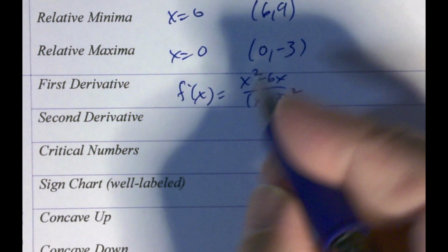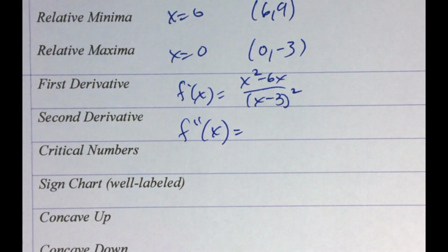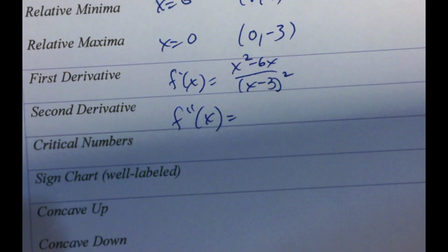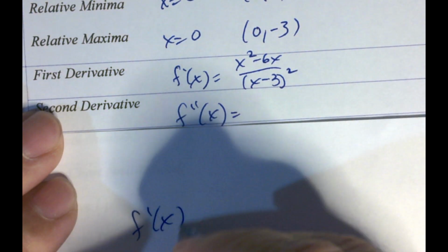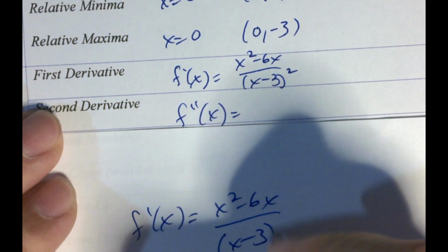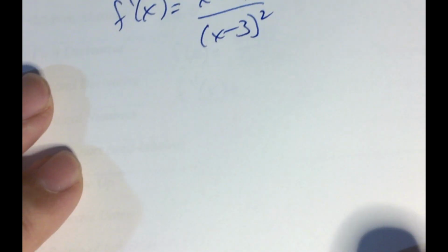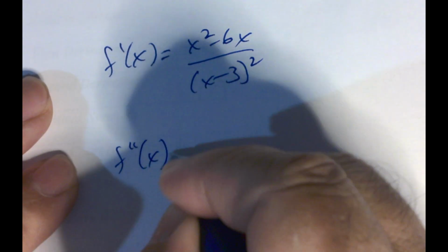All right, now let's take the second derivative. That requires quotient rule. So I'm going to do that over here on scratch paper. Hopefully I'll do it so you can see it this time. So here's the first derivative. Let's take the second derivative. So bring up the denominator.